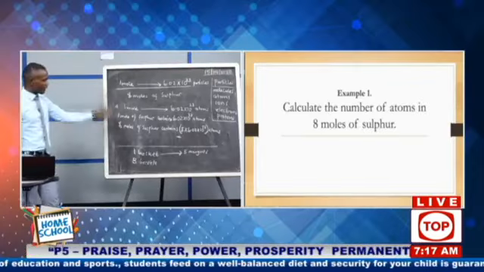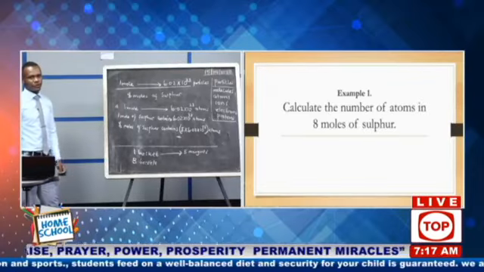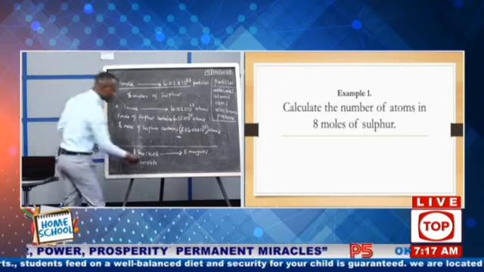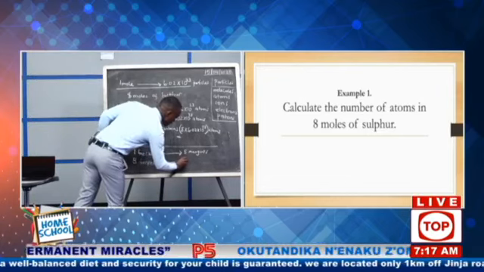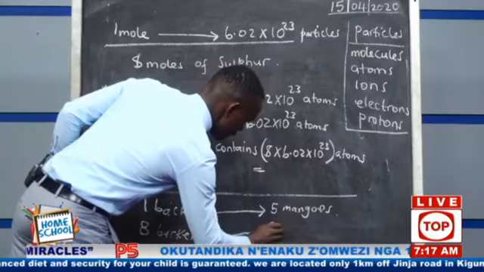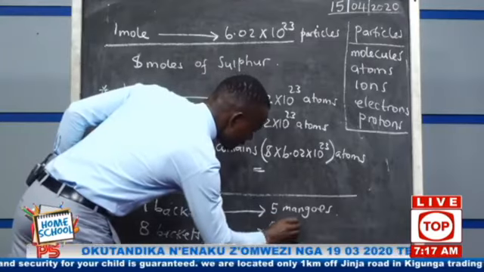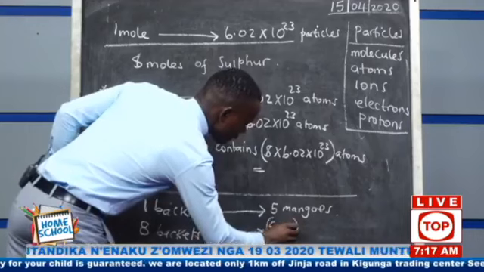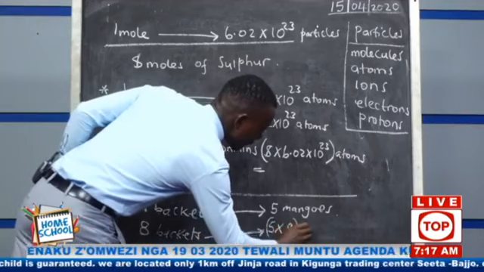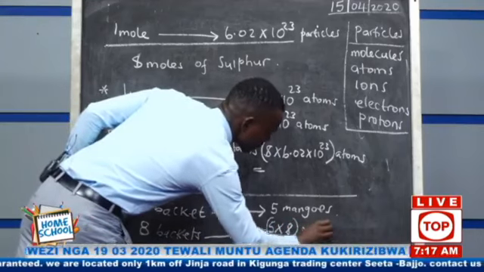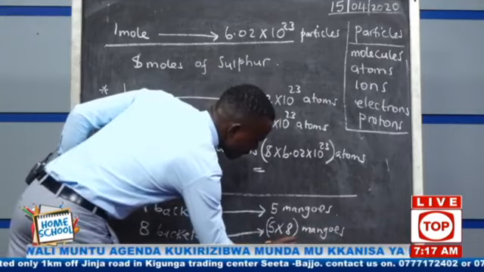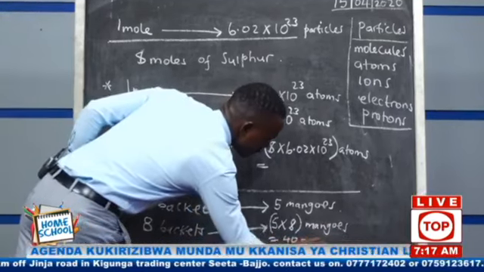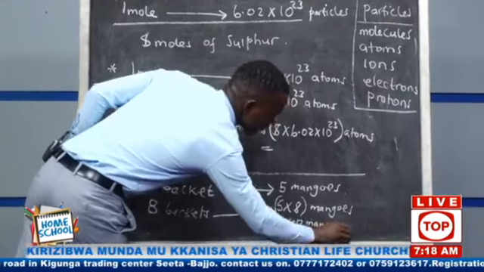If one bucket is having 5 mangoes, that means 8 buckets are going to have 5 times 8 mangoes. And this one will give us 40 mangoes. That's what we are using.